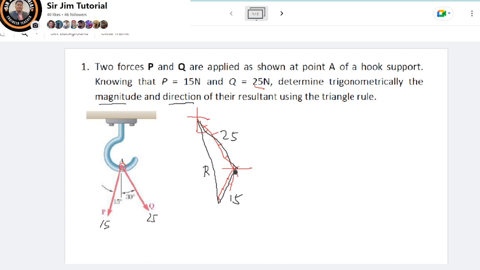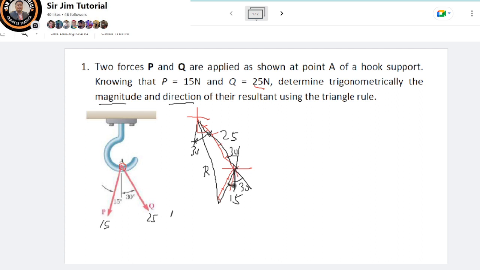What is this angle? Okay, we can identify from here. This one is equivalent to 30, which is exactly the same as this. Going here is also 30. So this is also 30. In other words, if that is 30, this is also 30.